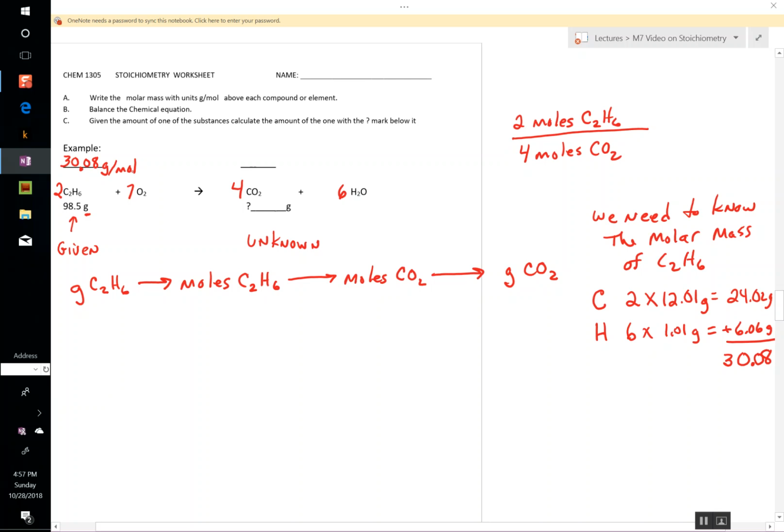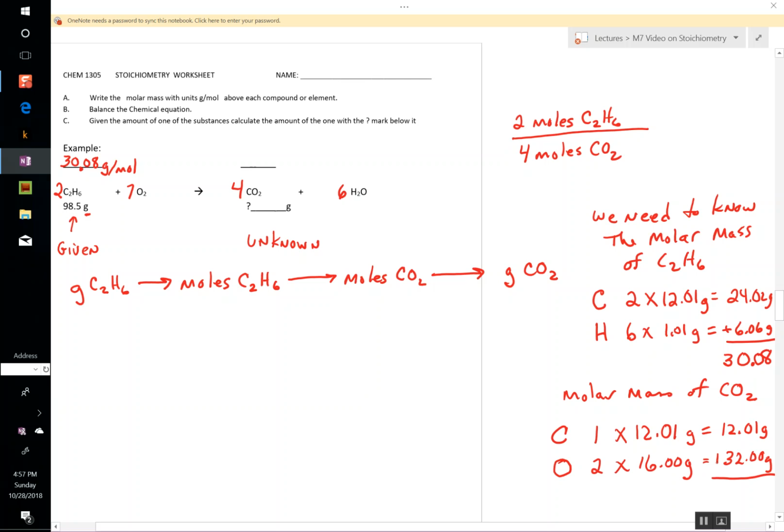So we need that number for our calculation, and we need to know the molar mass of CO2. So similarly, it has carbon in it and it has oxygen in it. It has 1 carbon, and 1 mole of carbon is 12.01 grams. It has 2 oxygens, and a mole of oxygen weighs 16.00 grams, or 32.00 grams for 2 of them.